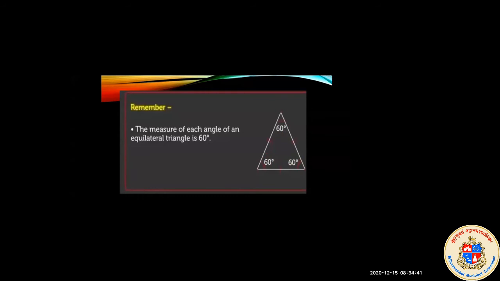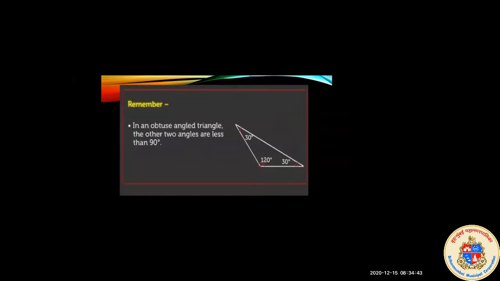Okay. Now the third point to remember is, in an obtuse angle triangle, the other two angles are less than 90 degree. See, before also I told you that if one angle is greater than 90 degree, that angle will be an obtuse. So in an obtuse angle triangle, the other two angles will be less than 90 degree.